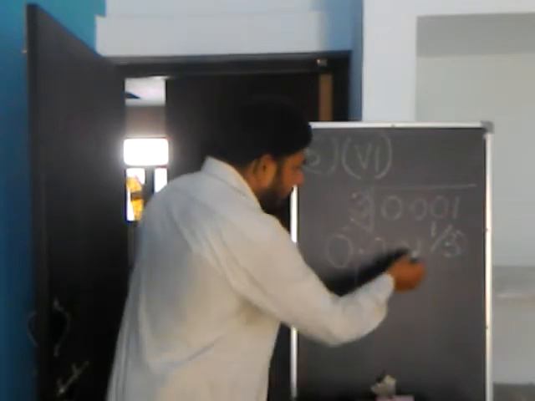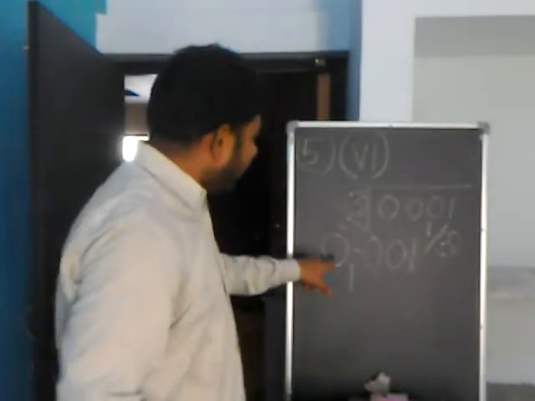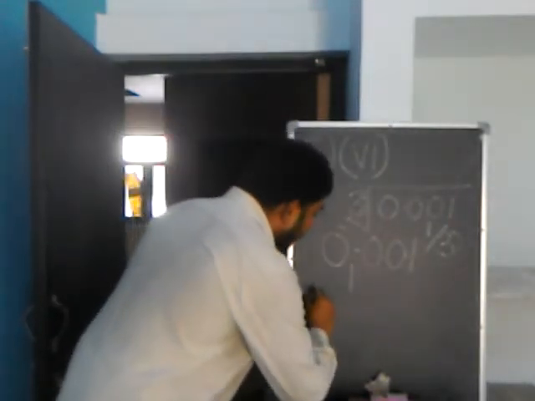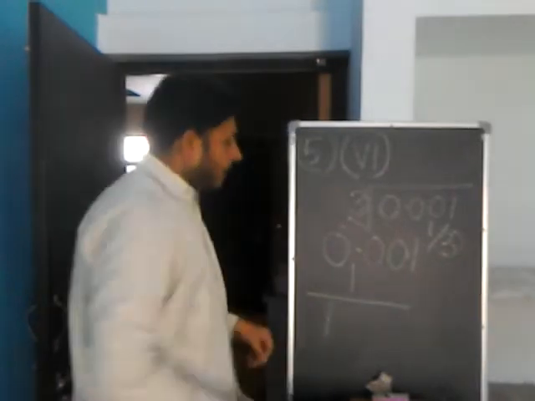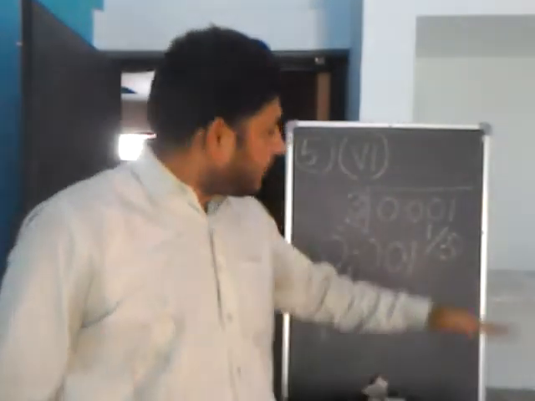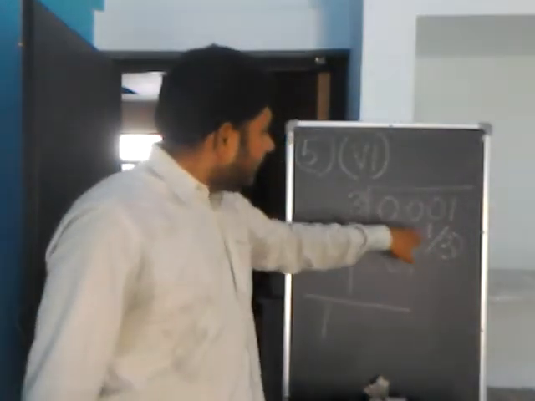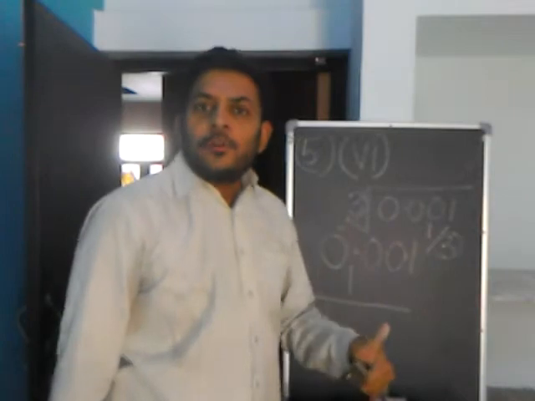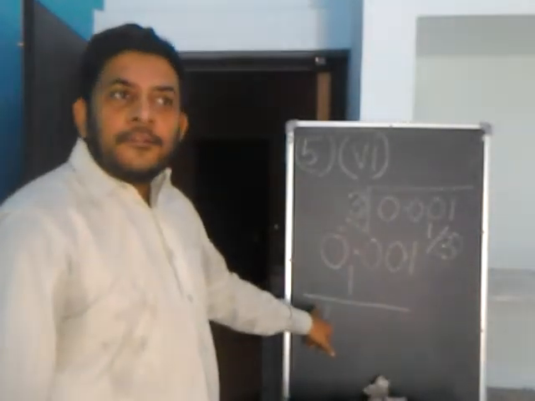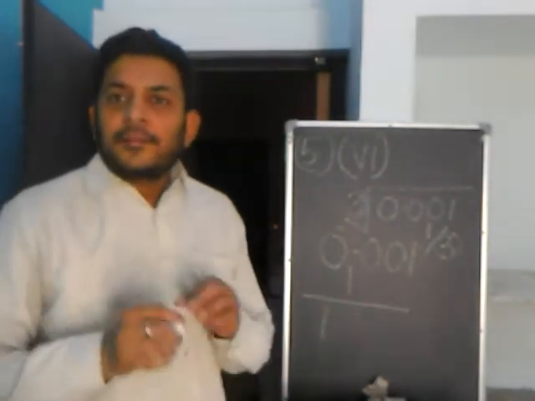Because the meaningful digit is 1, I shall write 1 in the numerator, and in the denominator, first of all I will write 1, because in this 0.001 there is no denominator.